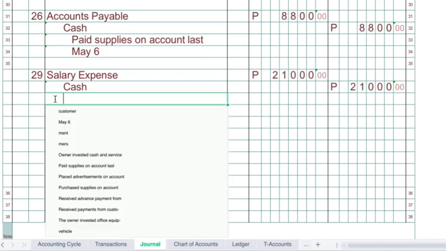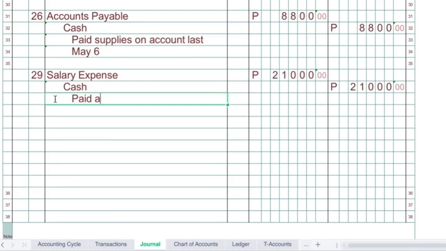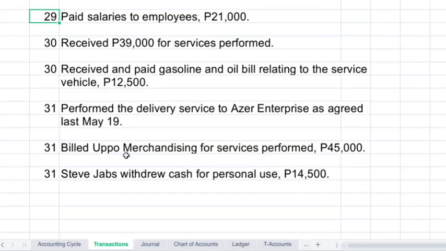Alright, so we put another or a brief description again. So we paid salaries. Alright. So next transaction, on May 30, we receive 39,000 for delivery service performed.